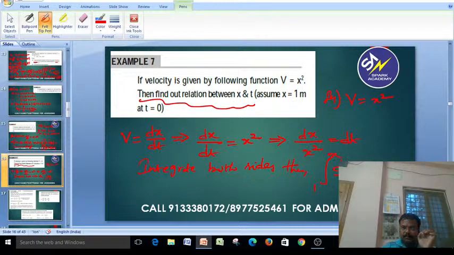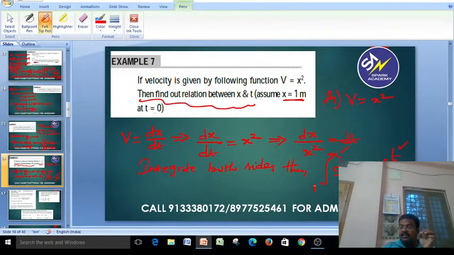At the time t is equal to 0, it is assumed that x is equal to 1 meter. That's why I took 1. After some time, how much distance it has traveled, we don't know. That's why I took x here. And the integration of dt is from 0 to t seconds. How much time it has traveled, I don't know. That's why I took t.